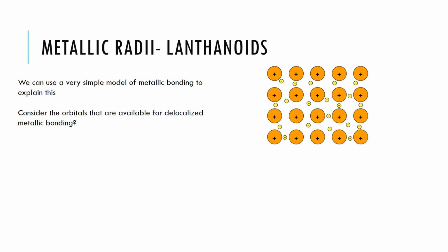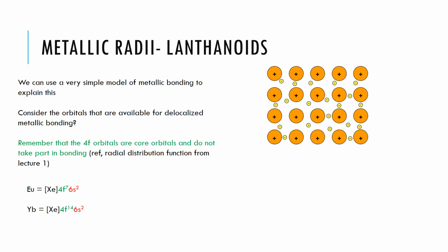Now, let's consider first the orbitals that are available here for delocalized metallic bonding. Remember, if you think back to lecture 1, when we were speaking about the radial distribution functions of the 4f and 5f orbitals, we said that those 4f orbitals are very core orbitals and they don't really take part in bonding.